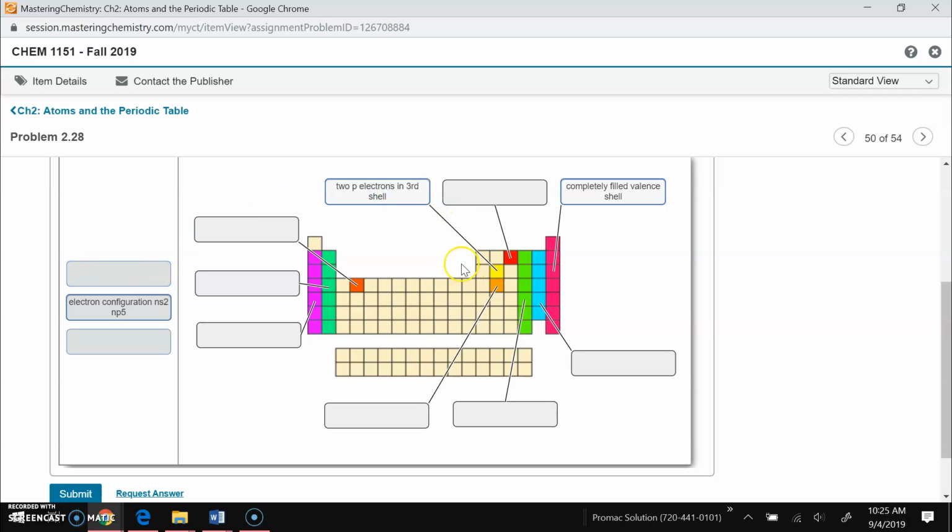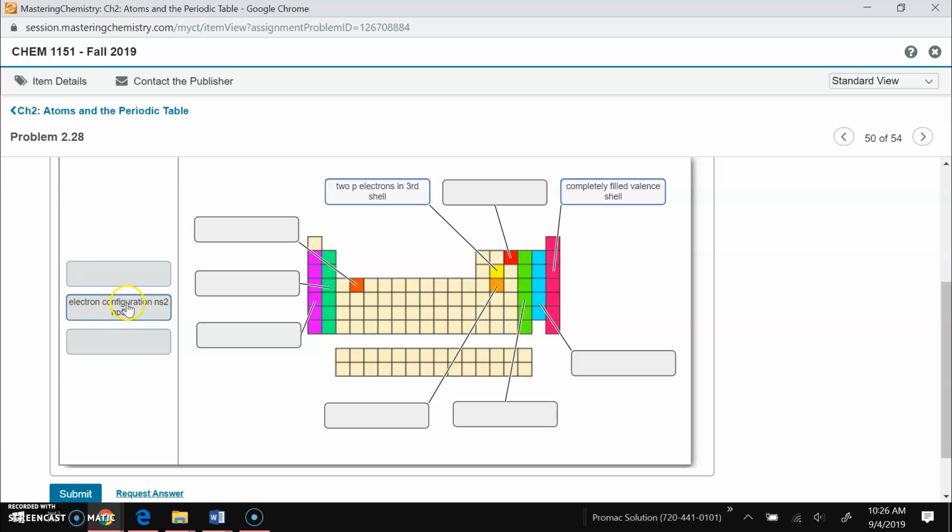If I was doing that element, which happens to be, 1, 2, 3, silicon, I would have 3s2, 3p2 if I was finishing the electron configuration. I would either bracket in the neon here, or I would do the whole 1s2, 2s2, 2p6, 3s2, 3p2 for that element that's yellow.